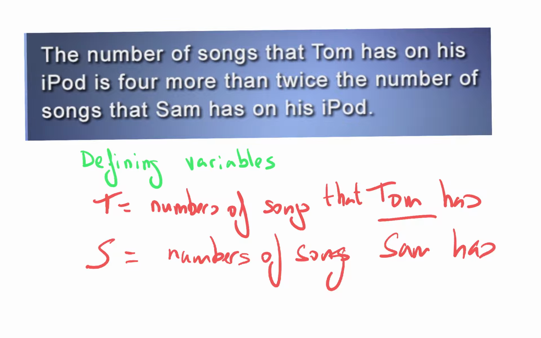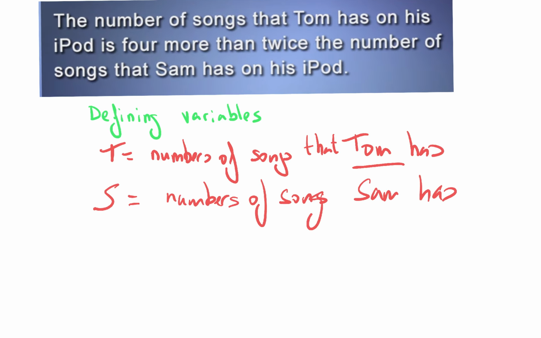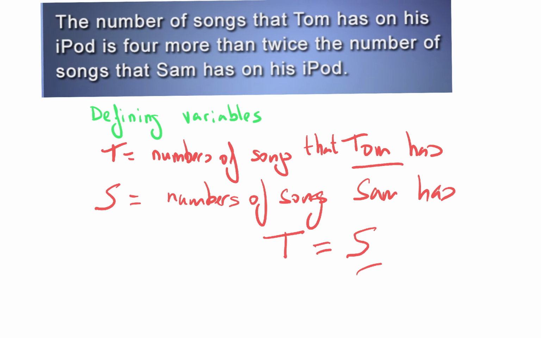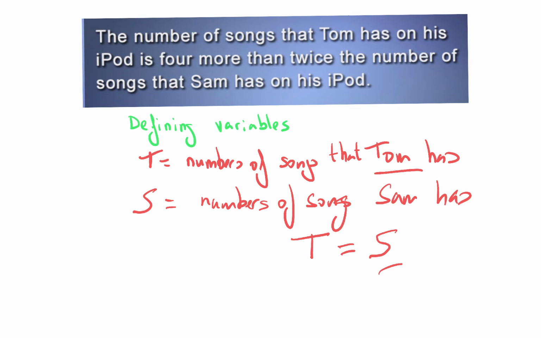Like S. So if the number of songs of Tom is equal to the number of songs of Sam, we will write this equation, T equal S. But in this case, they don't say that they are equal.